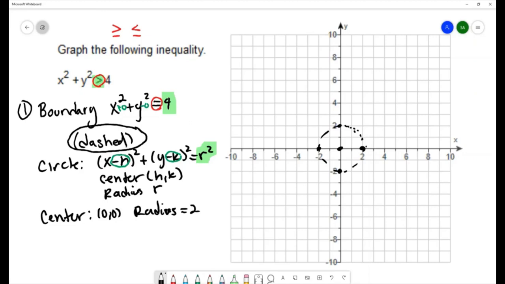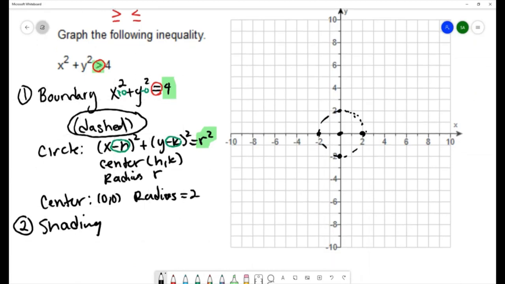So then we want to do the shading. This curve, this circle, divides up the plane into two parts. The points that are inside the circle and the points that are outside the circle. One set of points will give me true statements for my inequality, and one set of points will give me false statements.